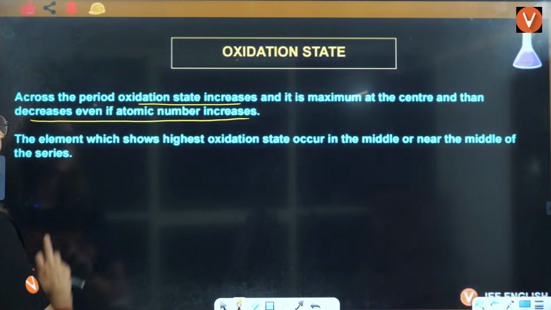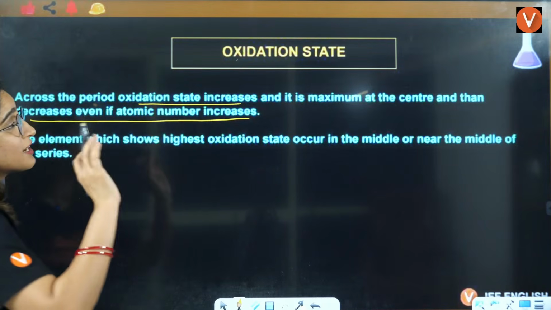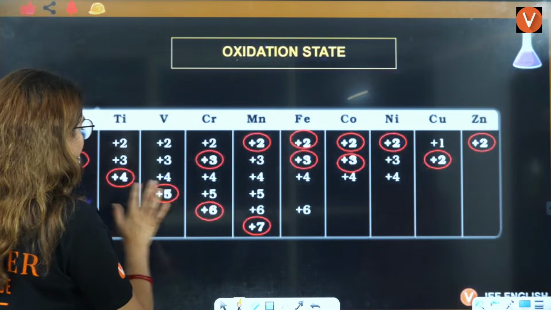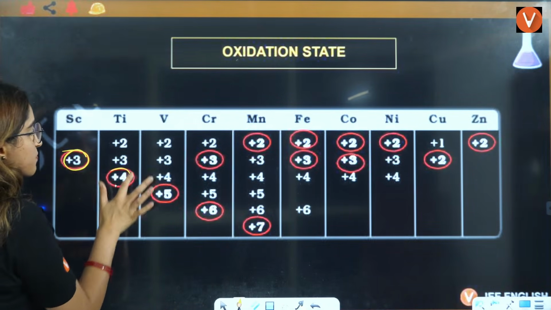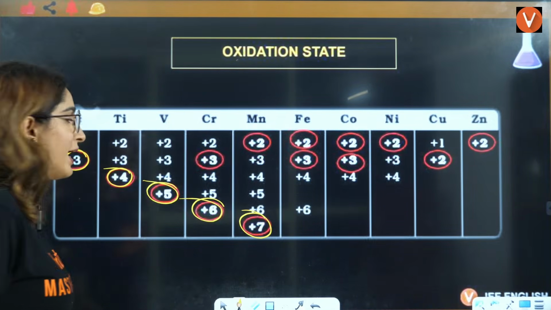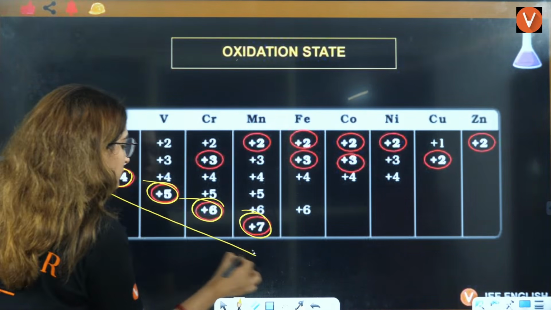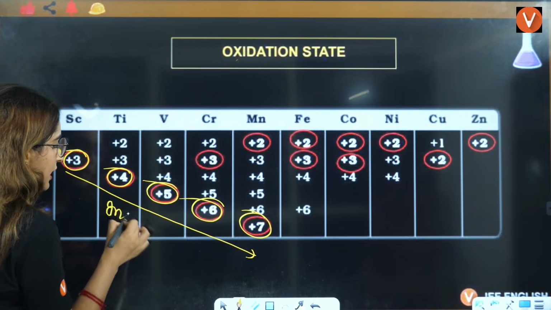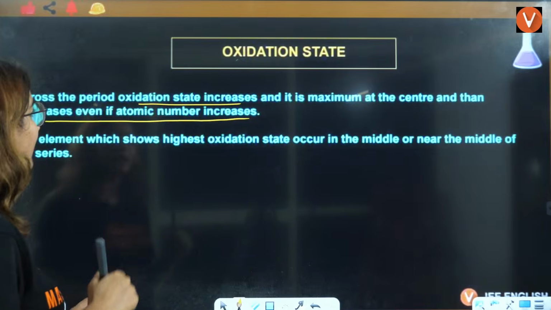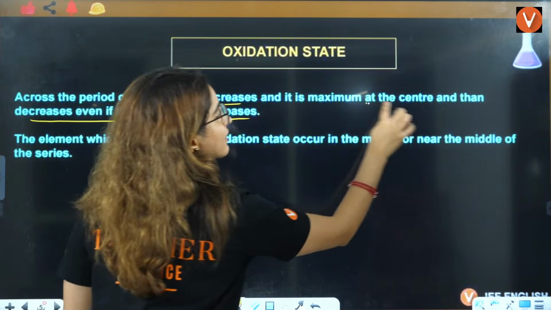In the center, can you see this is +3, this is +4, this is +5, this is +6, this is +7. Maximum oxidation state is increasing along the period, then it is maximum at the center.